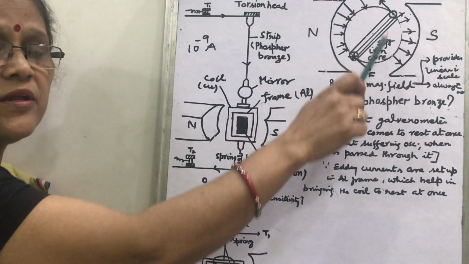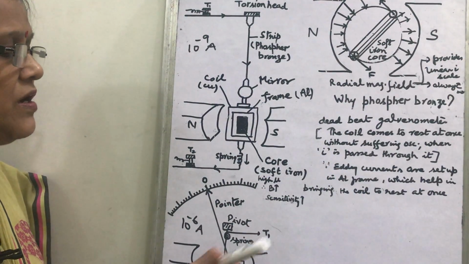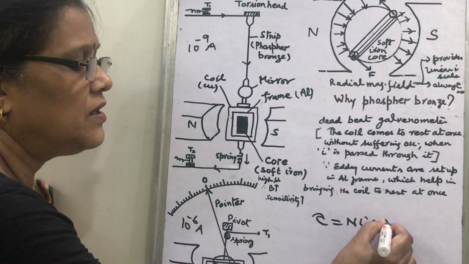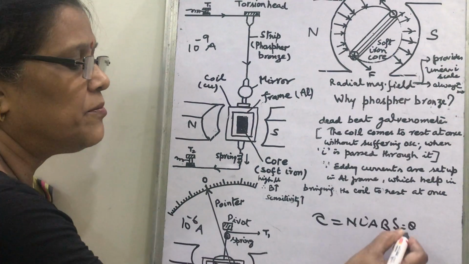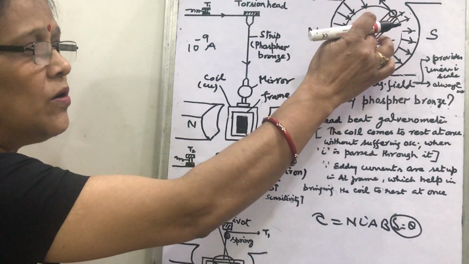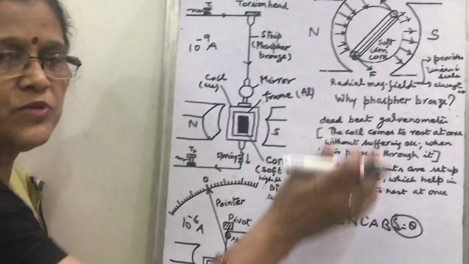Due to the radial magnetic field, we see that the torque which is acting on the loop is NIAB sin theta. It becomes sin theta equal to 1 because the normal always makes a 90 degree angle for every position of the coil.